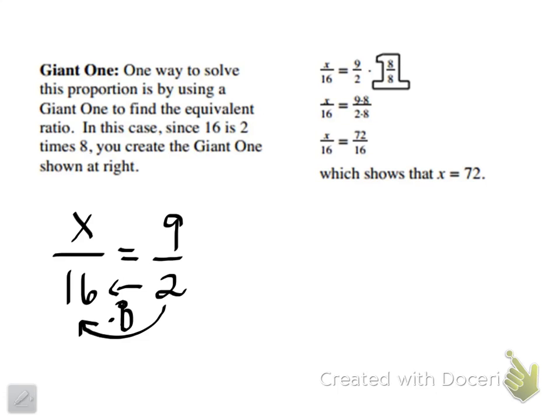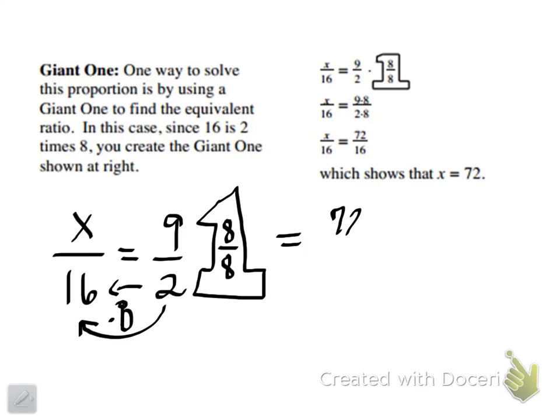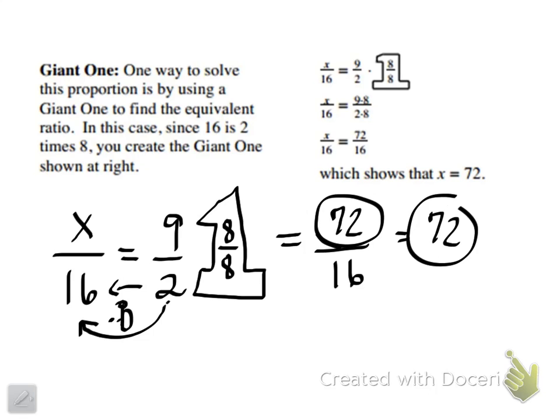Whatever I do to the top, I have to do to the bottom. So we're going to use our big multiplicative identity, or our giant 1, to multiply both the numerator and denominator by 8. 9 times 8 is 72. 2 times 8 is 16. So we know that our x value is going to equal 72. That strategy is what we call the giant 1, or the multiplicative identity.